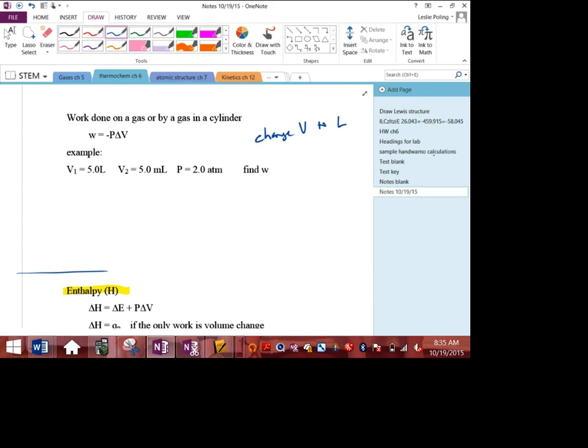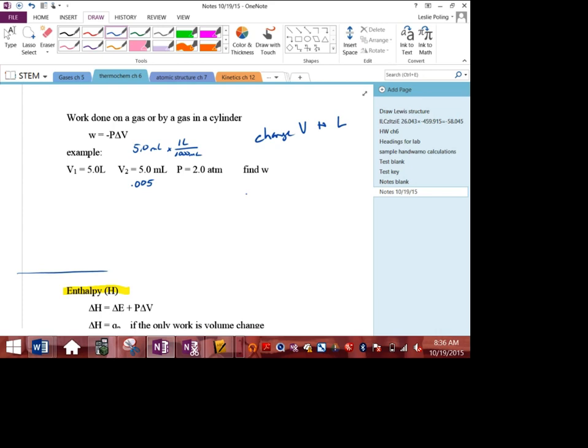So we can convert it into something else when we have it in liters. So 5 milliliters, how many liters would that be? .005. This would have to be 5 milliliters times 1 liter over 1,000 milliliters. So dividing 5 by 1,000.